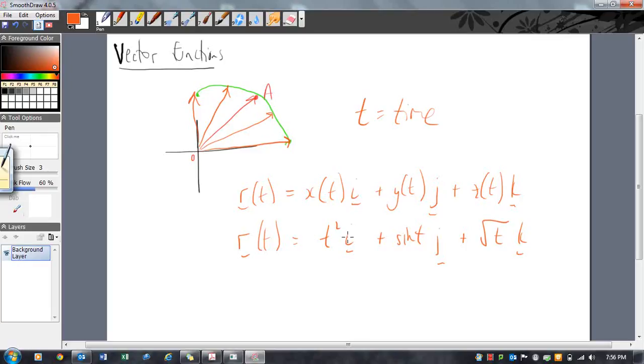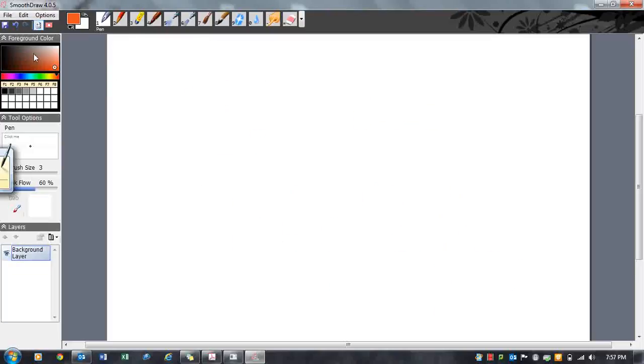This tells you what happens to the particle in the left and right way. This tells you what's happening to the particle in the up and down plane. And this tells you what's happening in the backwards and forwards direction in 3 dimensions. So we've got this vector function that tells you the position of the particle at any given time. Hope that makes sense. That's what vector functions are.